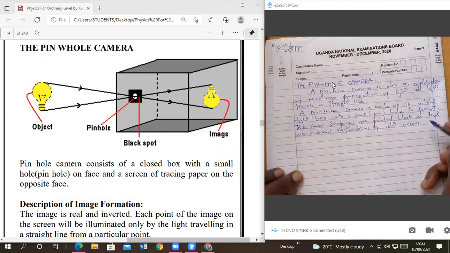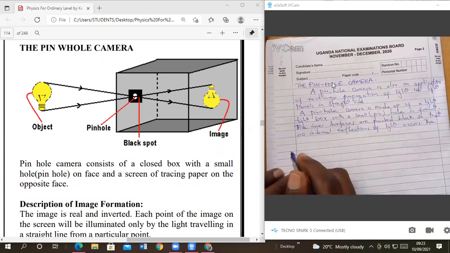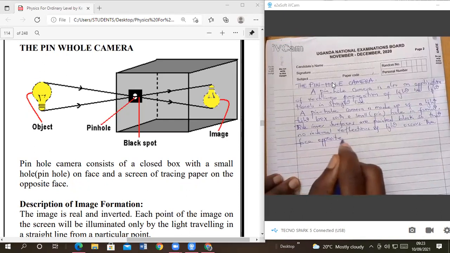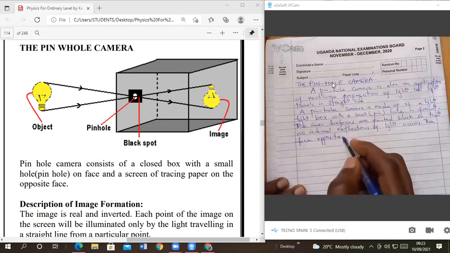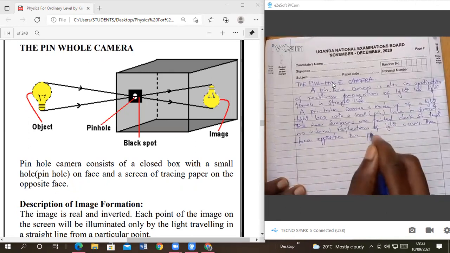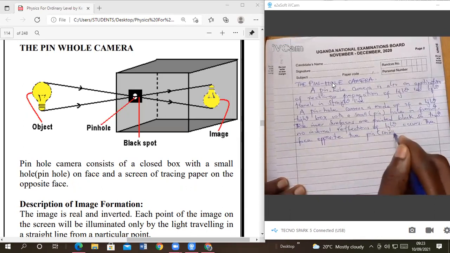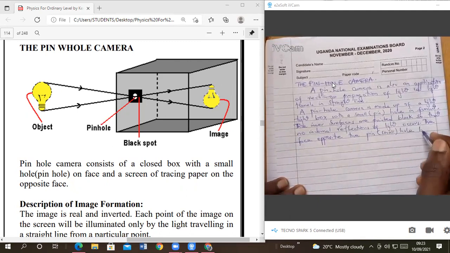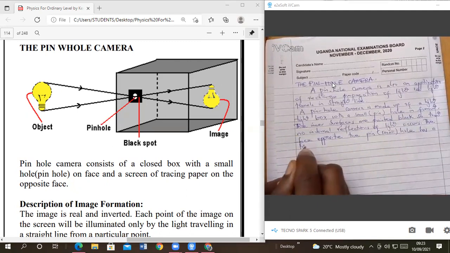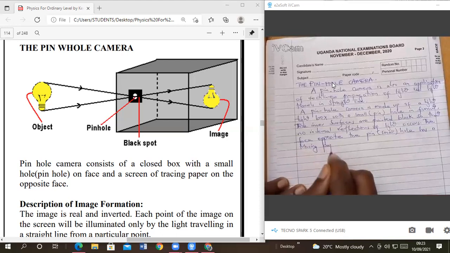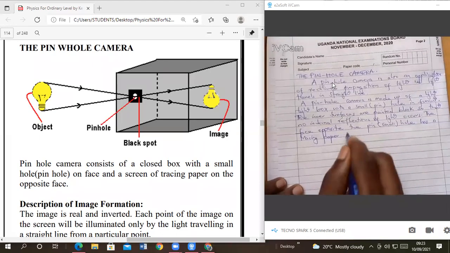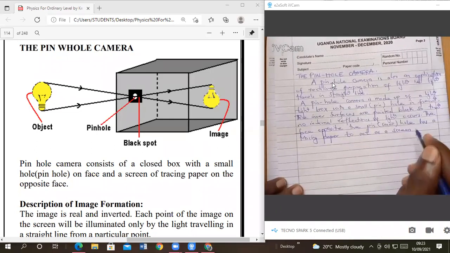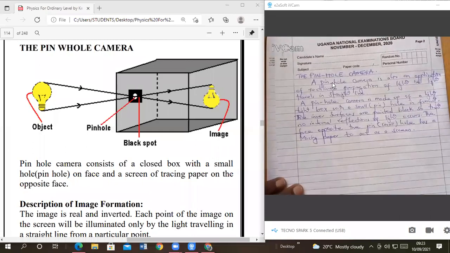The face opposite the small hole, the pinhole, has a tracing paper to act as a screen. Members, are we together?